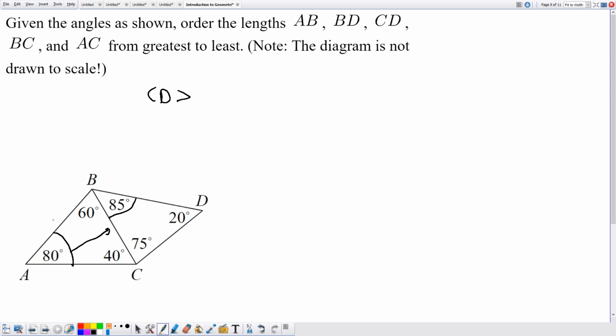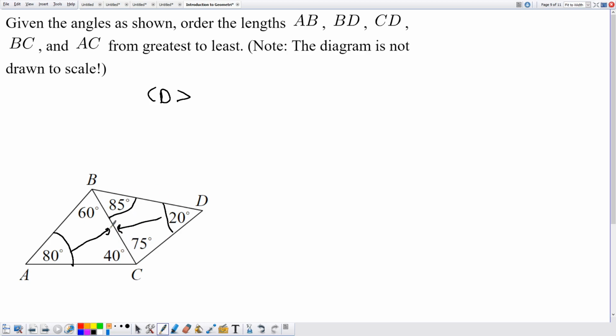But we run into a little problem, because if we look over here, this angle of 20 degrees is also opposite to BC. So even though BC is the largest side of ABC, it's the smallest side of BDC, since it's opposite the smallest angle. So it's not going to be the next largest.